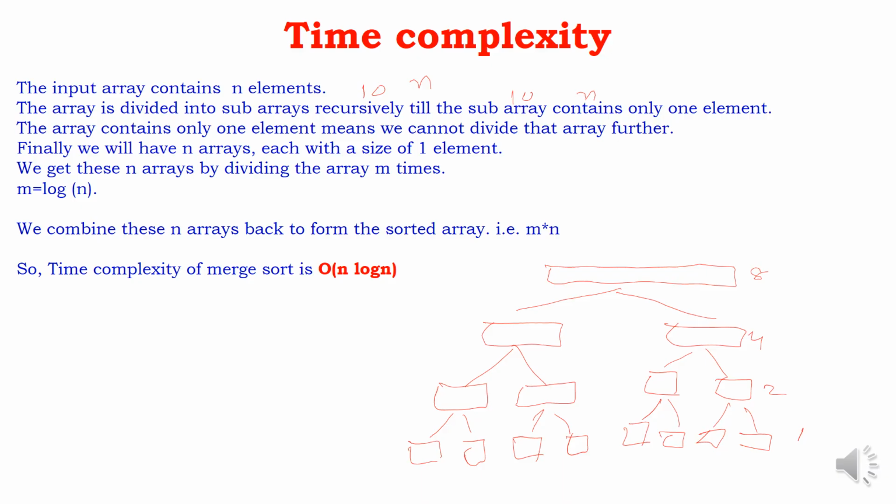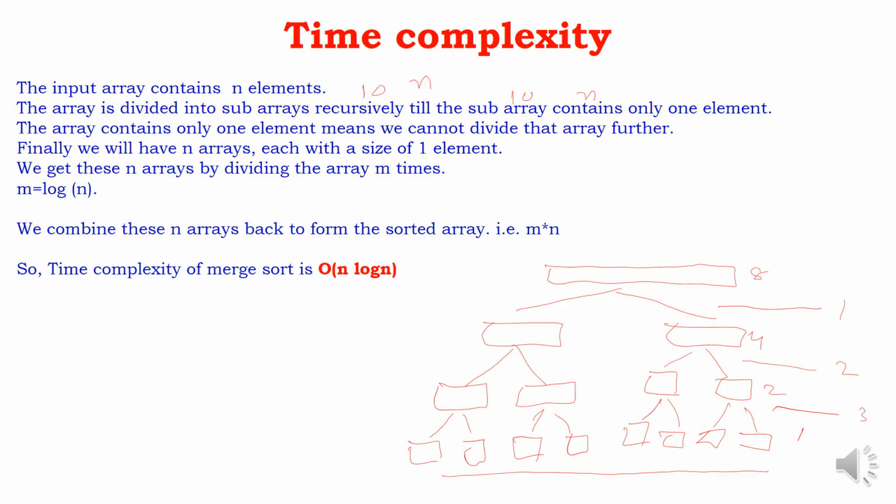So I have divided one time, second time, third time. An array of 8 elements is divided a maximum of 3 times, so that it forms 8 individual sorted subarrays.